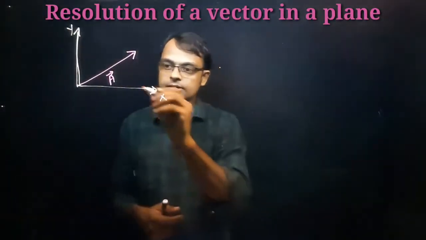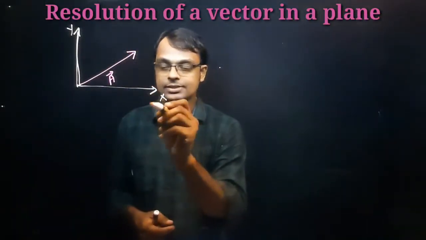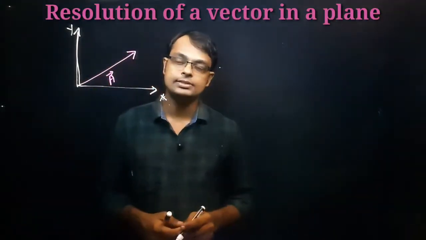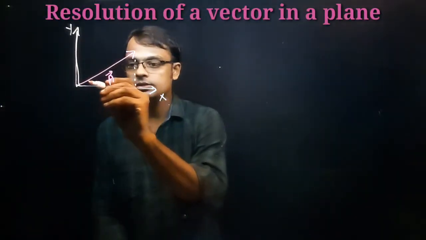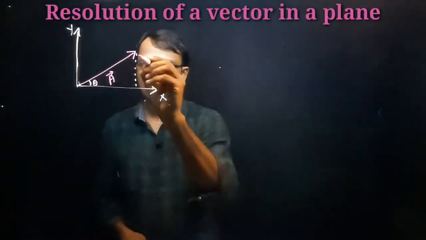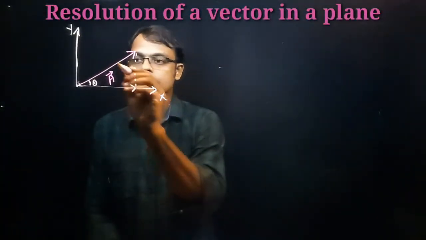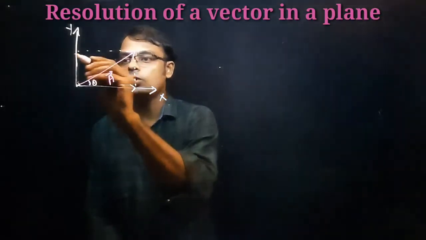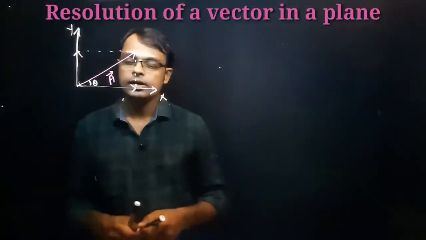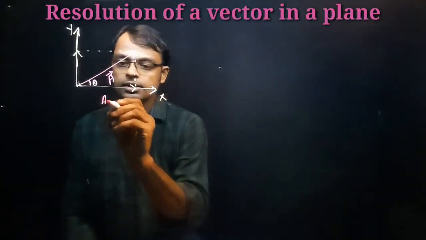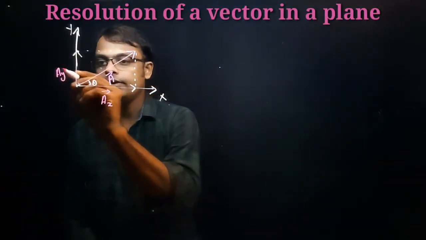In order to split this given vector into two components, one along the x-axis and the other along the y-axis, just imagine this is the angle theta. It can be resolved into two components, one along the x-axis and the other along the y-axis. I can write this as the Ax vector and this vector is called what? Ay vector.